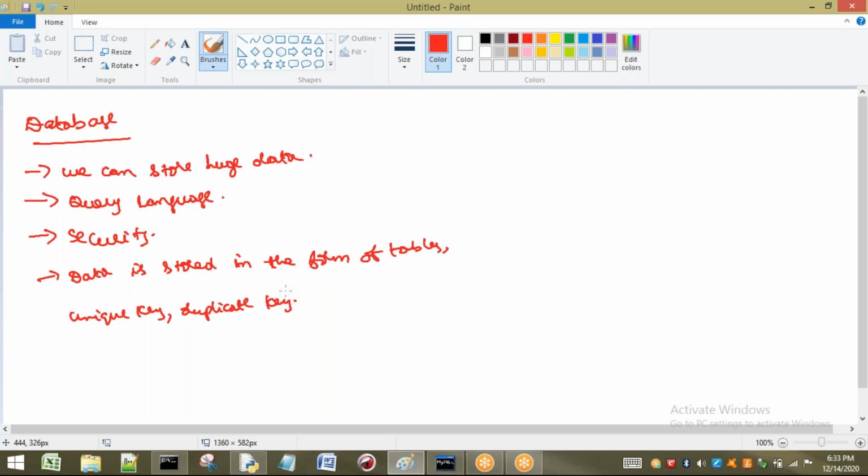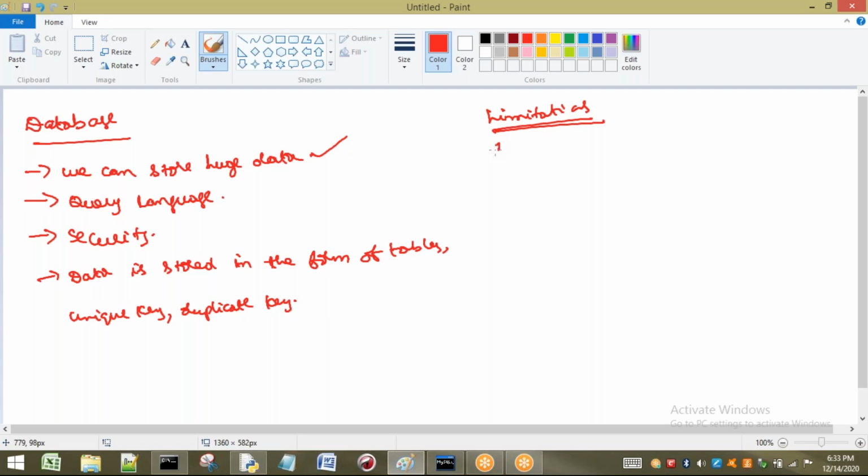Now, as we have seen some of the advantages of databases, we have to see some of the limitations also. As we said, we can store huge data when compared to files. But if you go to terabytes and zettabytes, the information cannot be stored in databases. So for that we have to go for the next technology, like data warehouses or big data.